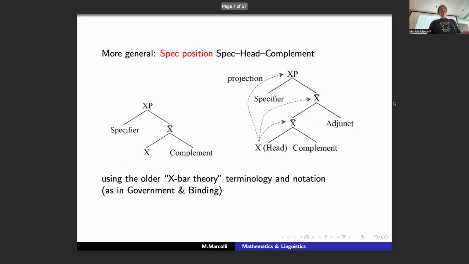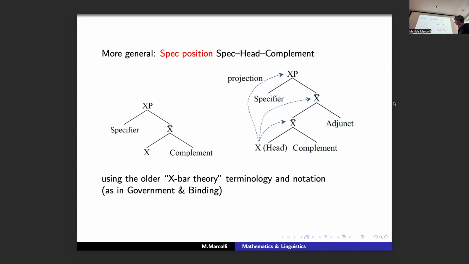There is a more general sense for a specifier, which is a specific position in the sentence. This is where the slightly older terminology of X-bar theory comes in, where the internal vertices are labeled by specific roles within the structure, rather than with the new labeling by the head that I described.